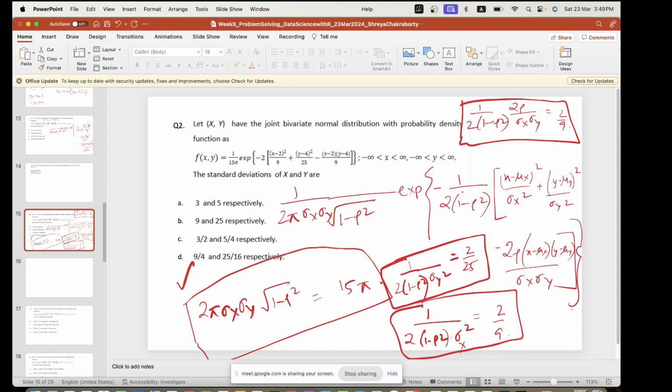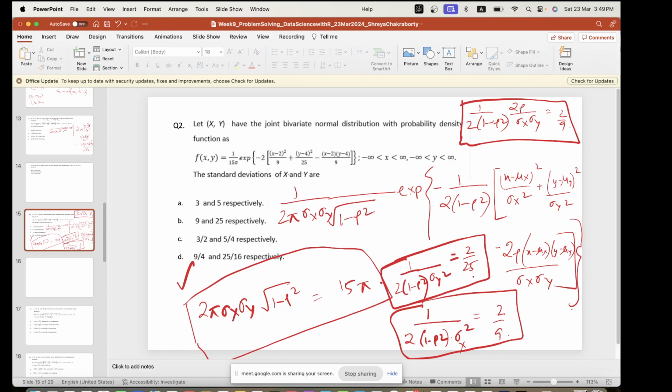Again, this one, 1 by 2, 1 minus rho square into sigma x square is how much? That is the coefficient of x minus 2 whole square. So that would be 2 by 9. That's the same thing I have written. Again, 1 by 2, 1 minus rho square into sigma y square should be the coefficient of y minus 4 whole square.